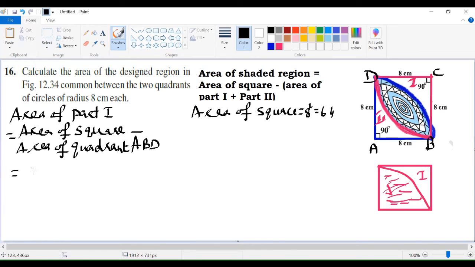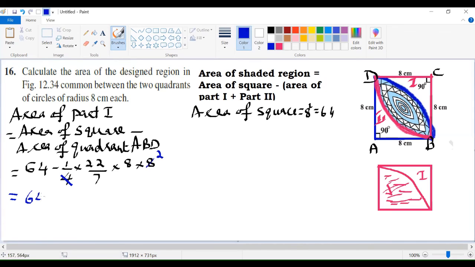So this will be 64 minus area of quadrant, 1 by 4 pi r square. So 1 by 4 into pi, 22 by 7, r square, 8 into 8. So simplifying, 4 into 8, 2 times.